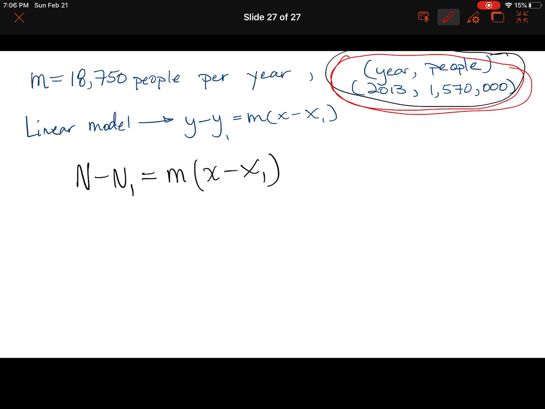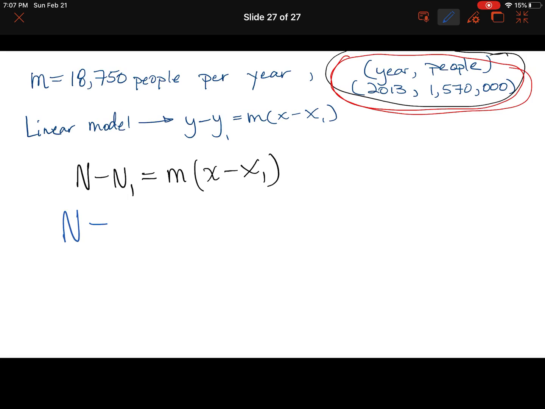There was 1.57 million people in prison in 2013. So we're just gonna plug this info in. It ain't gonna be no biggie. N minus, what's the y value?